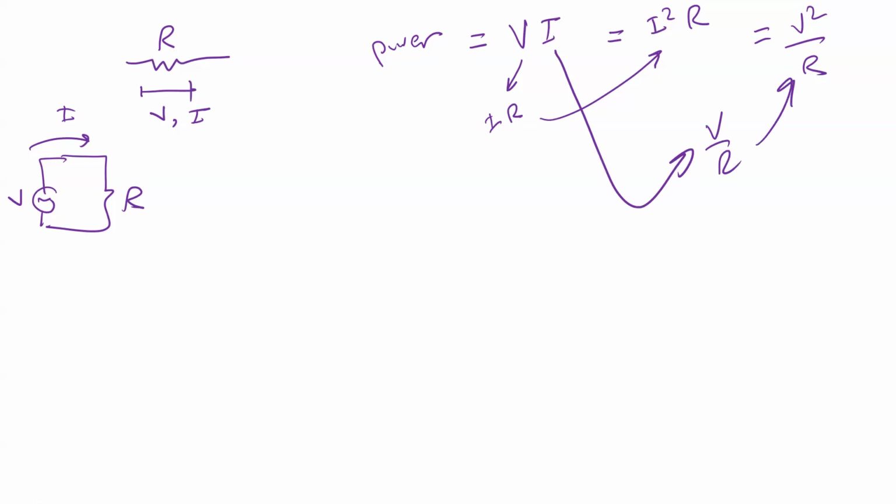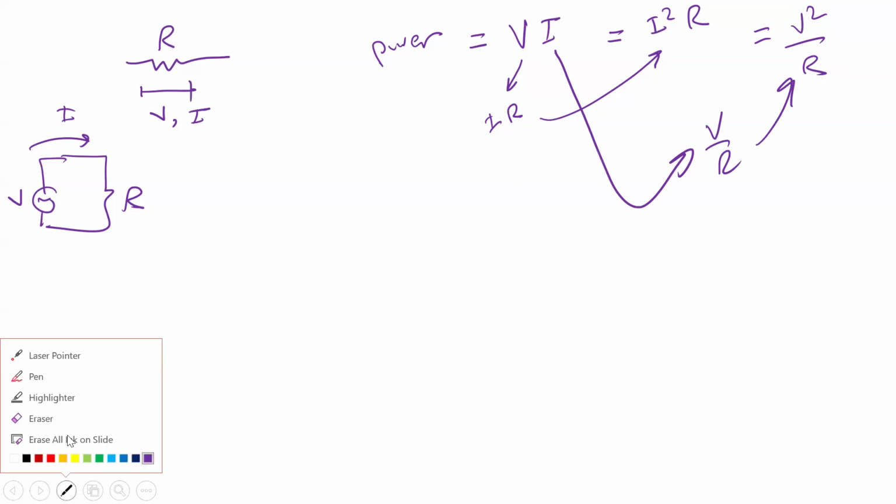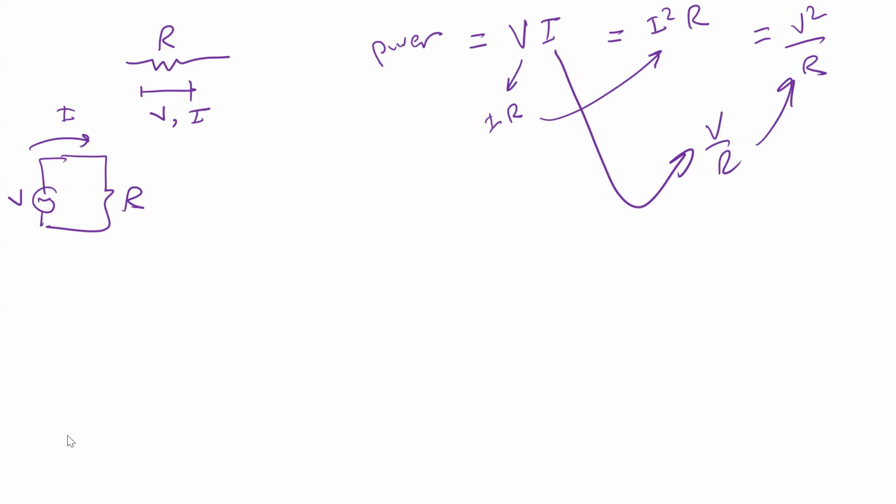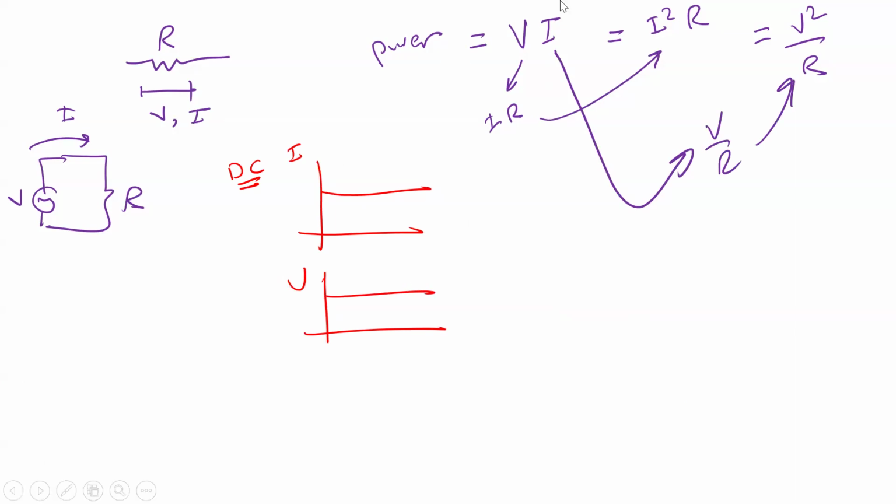Now I want you to understand how this will be different in the case of AC. Look here, guys. In the case of DC, the current is constant and the voltage is also constant. That means when you calculate the power, V times I, it will also be constant.